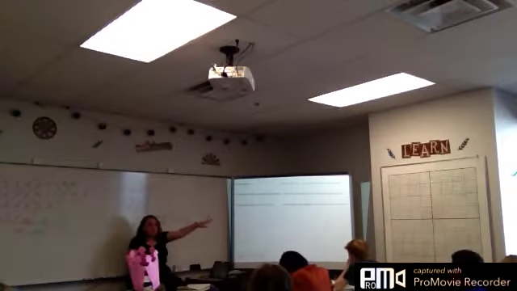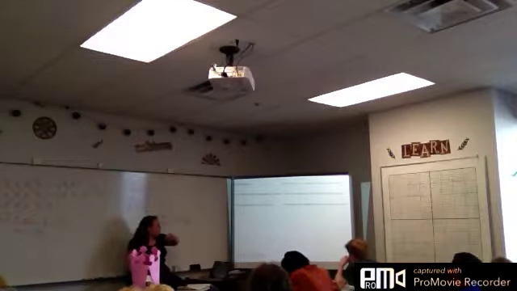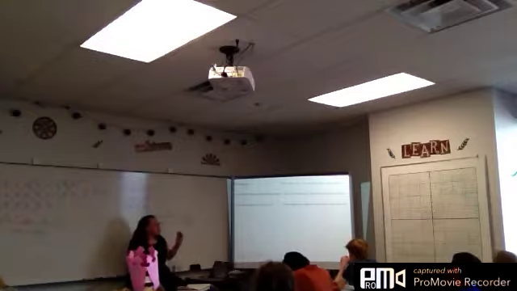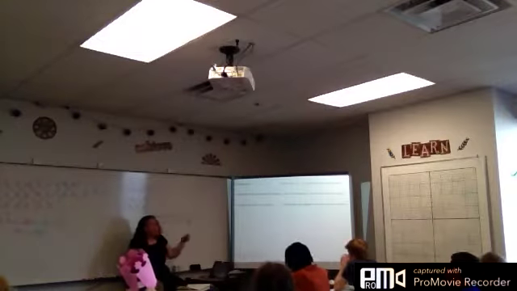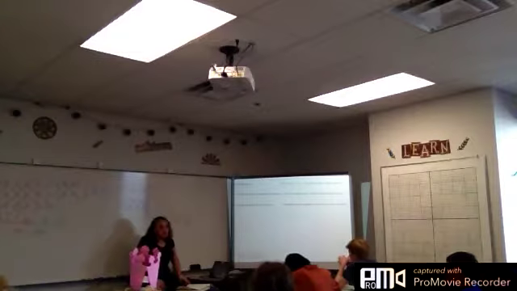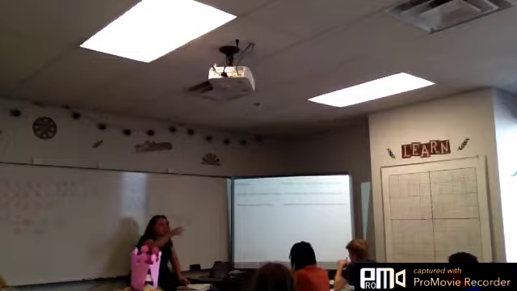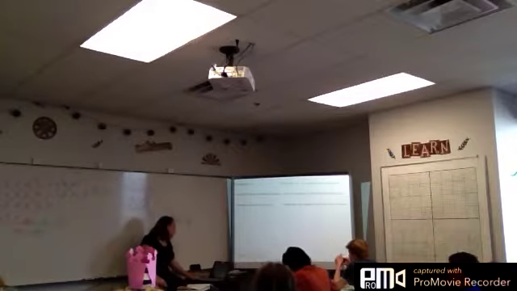Okay? Parallel lines never intersect. We have to change that: if two lines are parallel, then they do not intersect. You're going to have to change statements into conditional statements. If, then. Conditional.